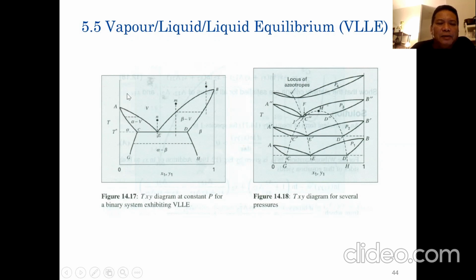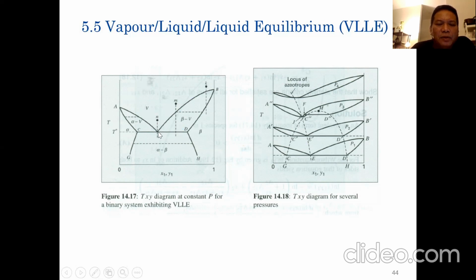This region here is the rich species 2 liquid vapor mixture. This is the dew point line for species 1. So this is the mixture of liquid and vapor, and this region here is a vapor phase.